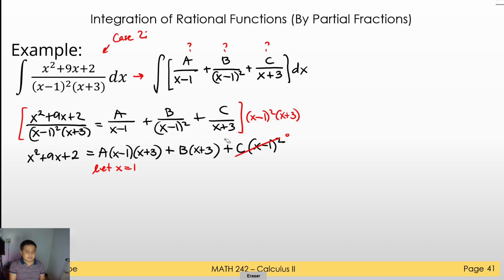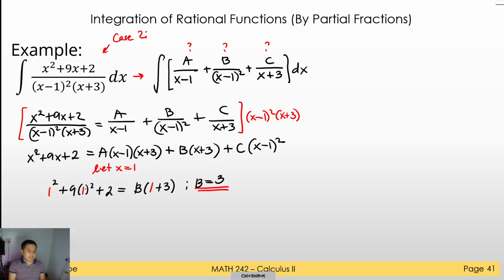You can solve for the coefficient b. Substituting 1, we have 1 squared plus 9 times 1 plus 2 is equal to 0 plus b times 1 plus 3. So we can solve for b. I'll just save you the time of solving this: b here is equal to 3.